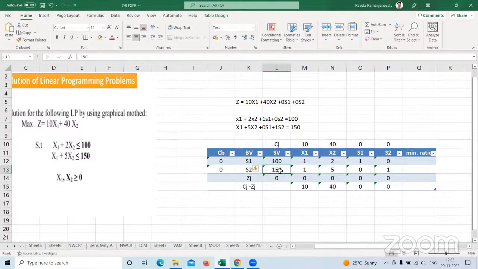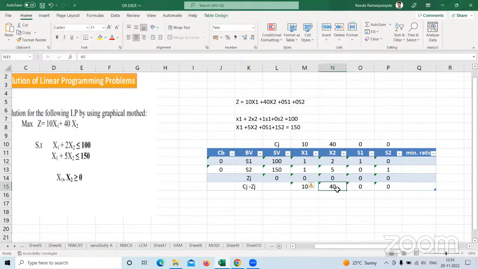Both should be added and shown as Zj. We will understand it again further when we come to the next tables and get the coefficients. For the first table, Zj is obviously 0, because if you multiply and add all zeros, you'll get zero only. So in the first table, Cj minus Zj is whatever the Cj's are, the same values. Among all these values, whichever is the highest positive value is considered as the key column.